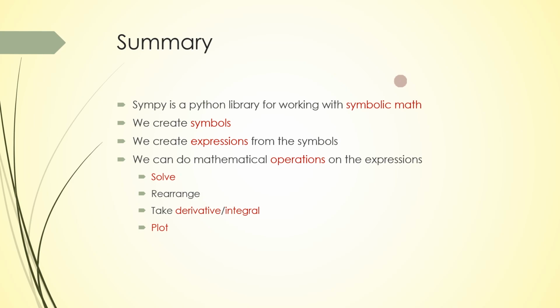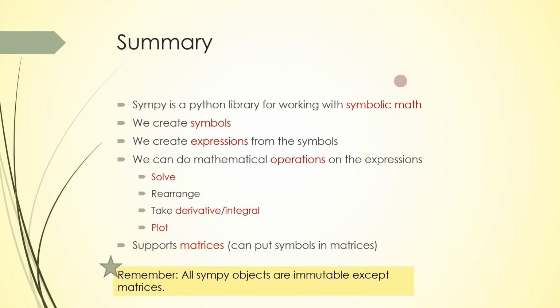So find out what values of the variables satisfy the expression. And remember that expressions are implicitly equal to 0. We can rearrange the expressions, we can take the derivative or integral of them, and we can plot them. It also supports matrices, and remember that you can even put symbols inside matrices and vectors. And remember that all Sympy objects are immutable except matrices.